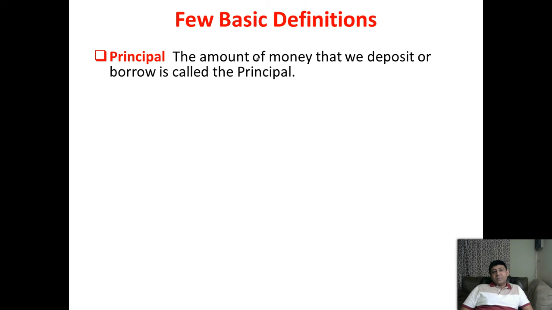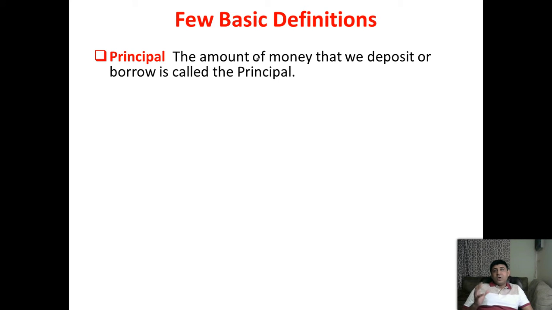Okay, let's start with a few basic definitions which involve the simple interest calculations. First of all is called the principal. It is the amount of money that we deposit or borrow. So principal is the amount we start with, the original money.